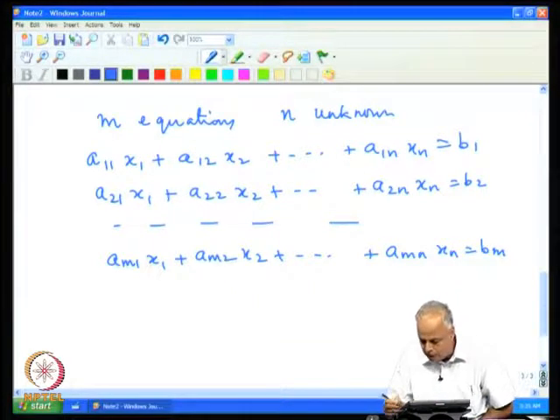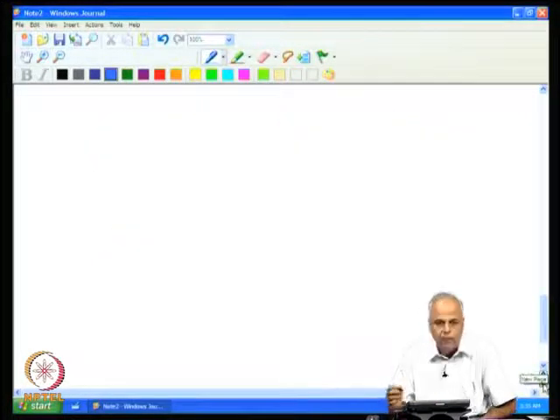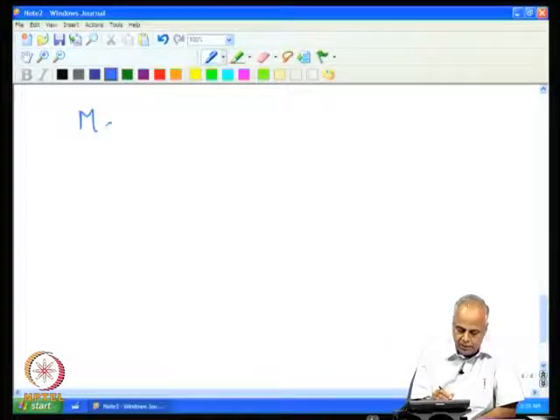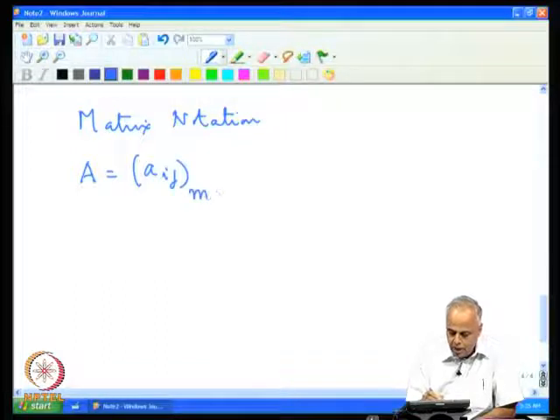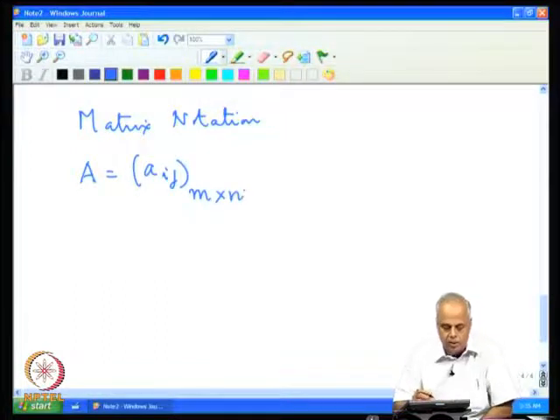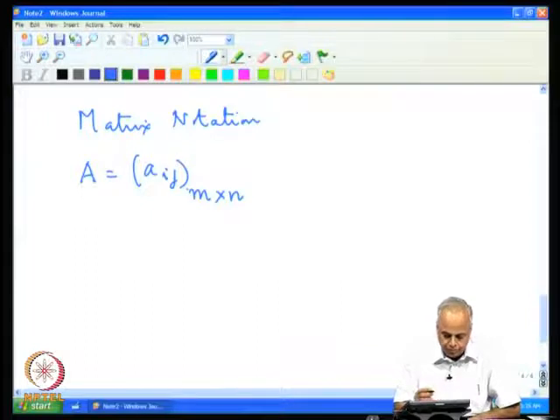A system of this type is written in a compact form in matrix notation as follows. We denote by A the matrix which has m rows and n columns with the entries aij. So, aij is the coefficient coming from the ith equation corresponding to the jth unknown.